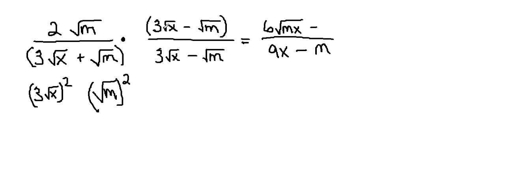Minus, this minus sign, 2 square root of m times the square root of m. And that's going to be 2m. 2 times 1 is 2. Square root of m times the square root of m is m. Okay, and that's all I can do with that one.